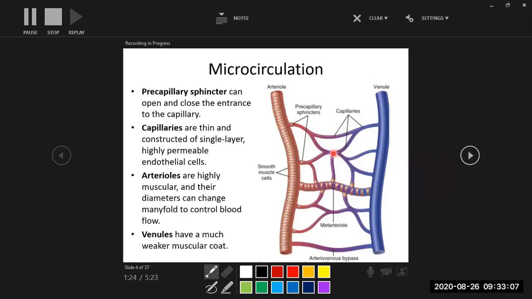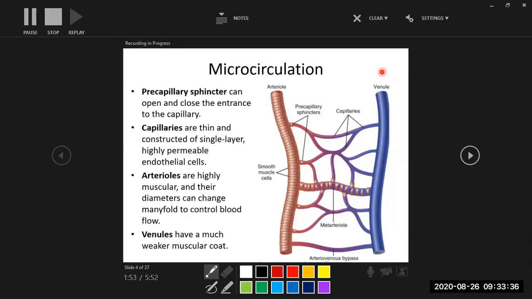The capillary is the region where substances have the chance to be exchanged, because the capillary has only a single layer of vessel wall. And then after the oxygen is delivered, the blood carries the metabolic waste product, the major one being CO2, back to the vein and back to the heart.